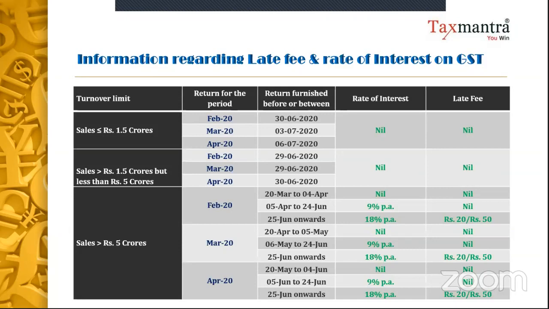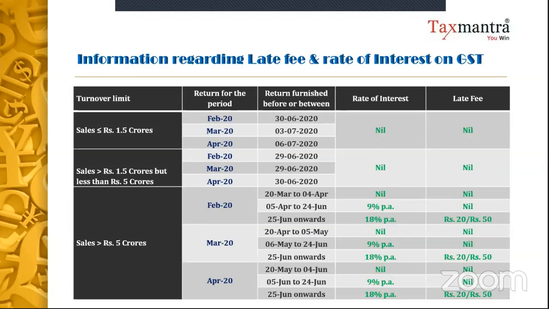If any taxpayer having sales less than 1.5 crore for the months of February, March, April files the return or makes the payment before the due dates mentioned there, 30th of June, 3rd of July, and 6th of July, please note, these are all revised dates, not the actual dates for the respective months.